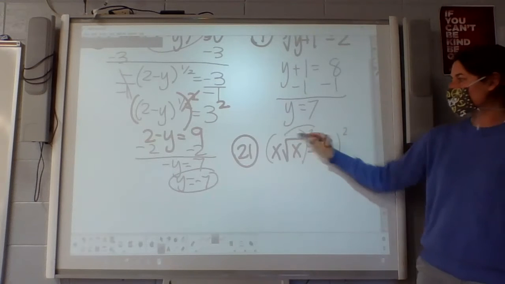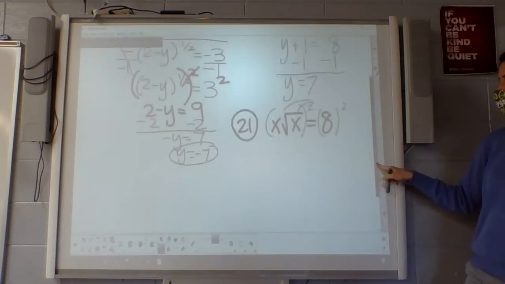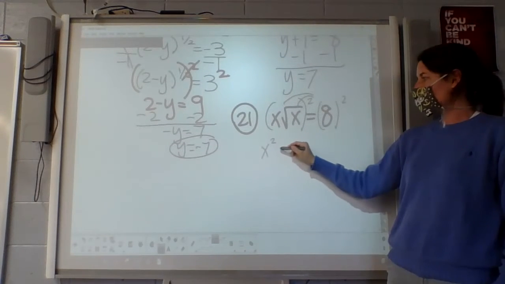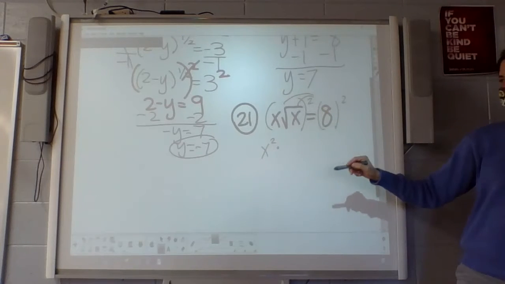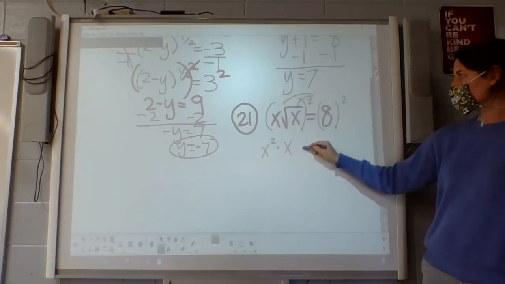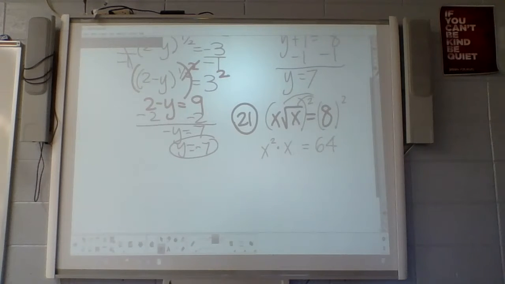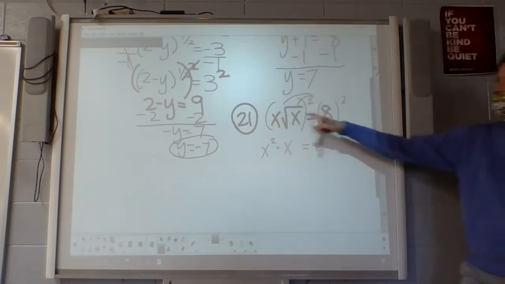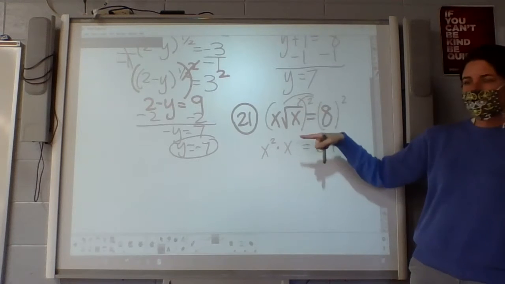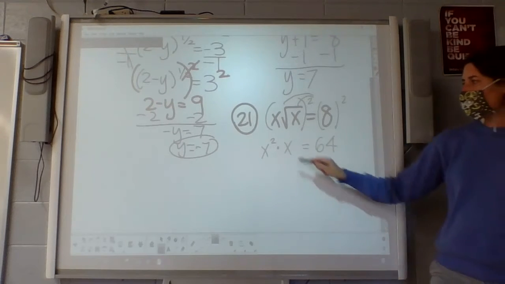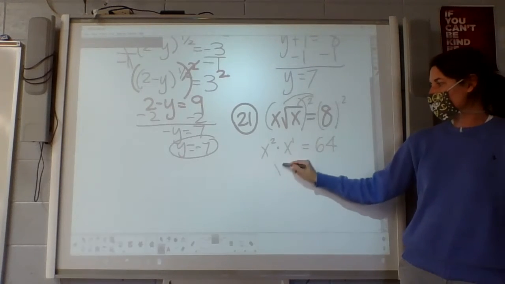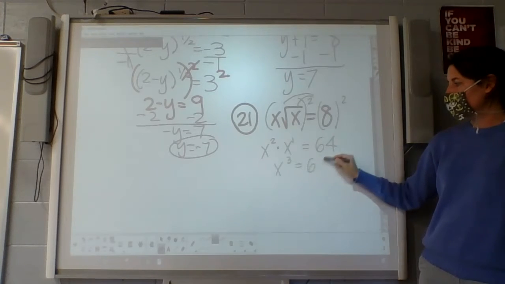Now when I square this side, both of these have to get squared. So this becomes x squared times square root of x squared, it's just going to be x, and this is going to be 64. So like basically that becomes squared, and then this one, the square root goes away. Now this is x to the 2nd, x to the 1st, so it's x to the 3rd.